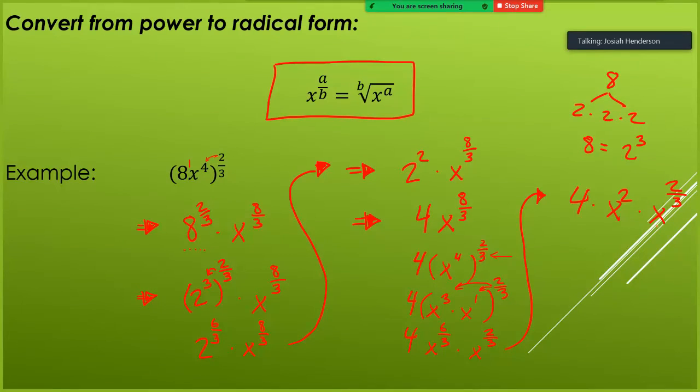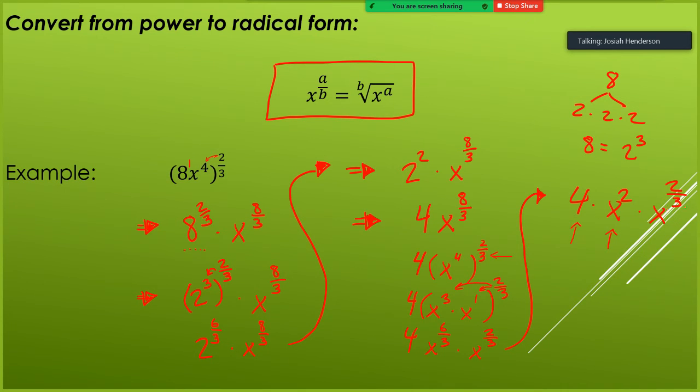Whenever we reach a spot like this, I've got a whole number. I can't do anything more there. I've got x to the 2nd power. There's no more fraction, so that's much cleaner. And then we've got x to the 2/3. Because that is not a number and I can't figure out what x is, right? It's not 8 or 4 or something I can work with. It's a variable.